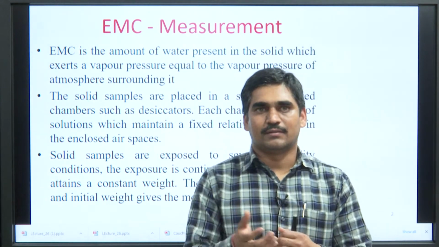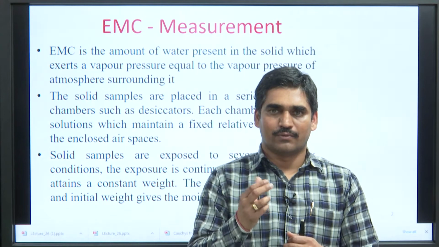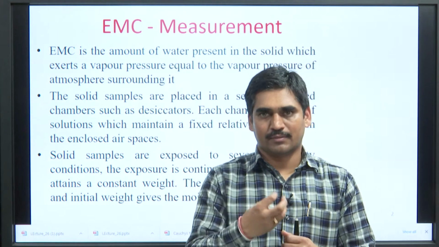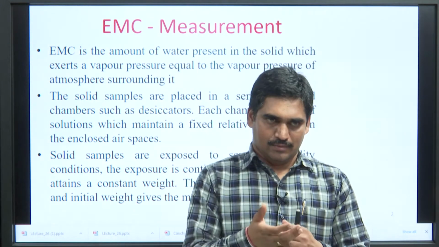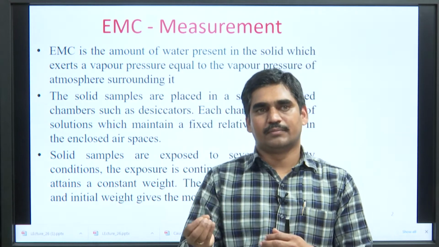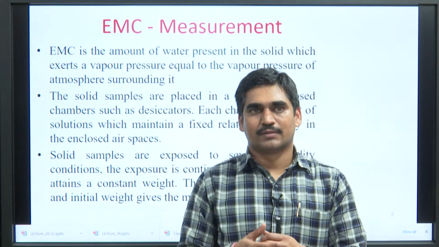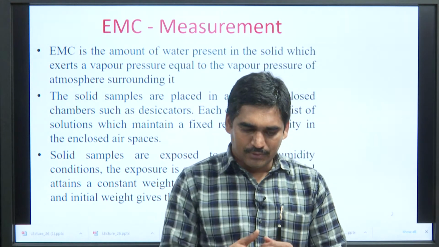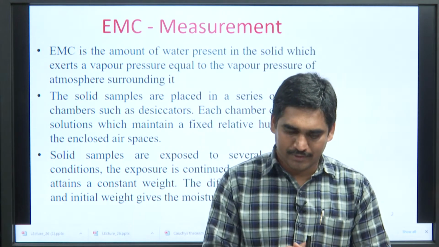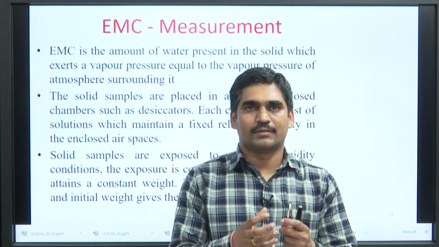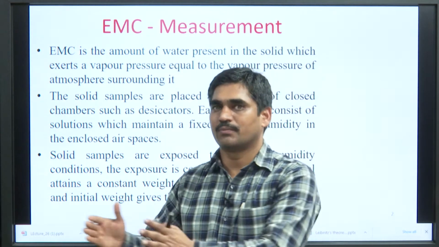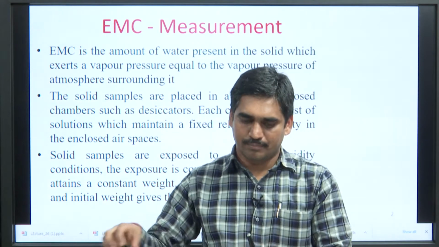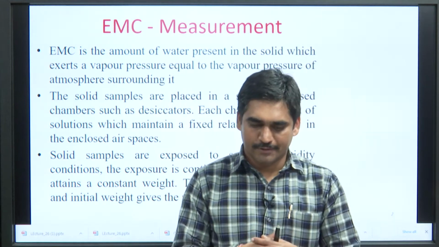As you know, in the previous lecture we found two terms, desorption and sorption. Desorption means excess water is removed from the solid sample to achieve EMC. In case of sorption, it absorbs moisture to reach EMC. So, while measuring EMC, we place solid samples in a series of closed chambers; we have taken 3 to 4 desiccators, and in each chamber we have kept solid samples.